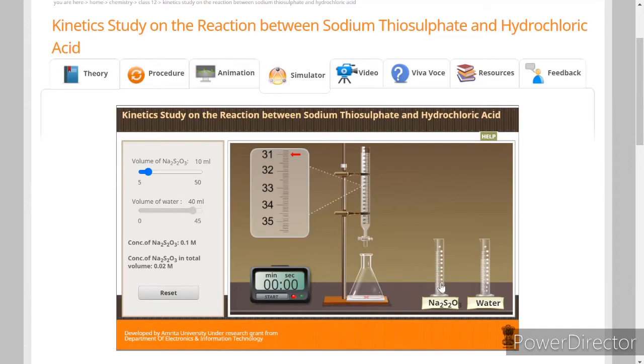Automatically the volume is the same as the information shown here. So we click this measuring jar, and then release the click.